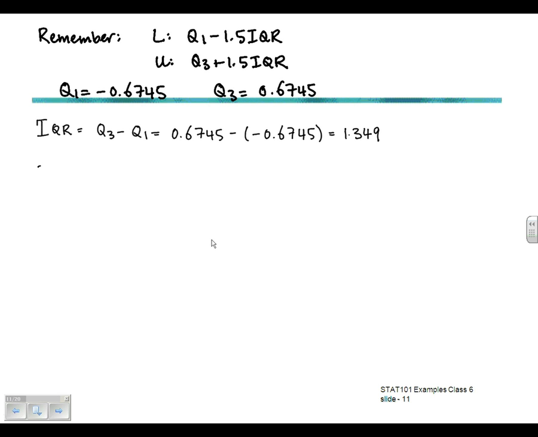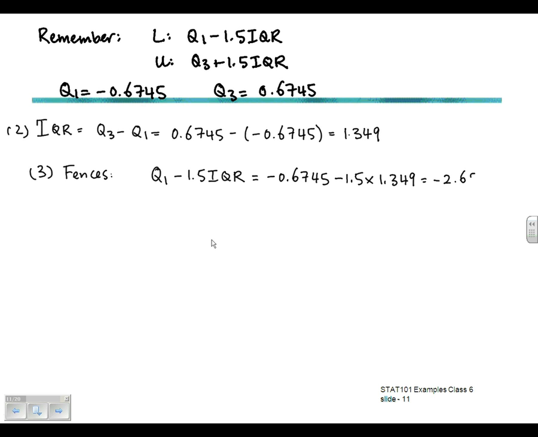Now we need to multiply that by 1.5, so 1.5 times the interquartile range, in order to add that to the fences. Our lower fence is quartile 1 minus 1.5 times the interquartile range. We have quartile 1, that's negative 0.6745, minus 1.5 multiplied by 1.349, and that comes out to be negative 2.68.